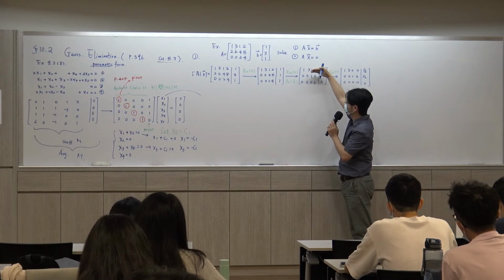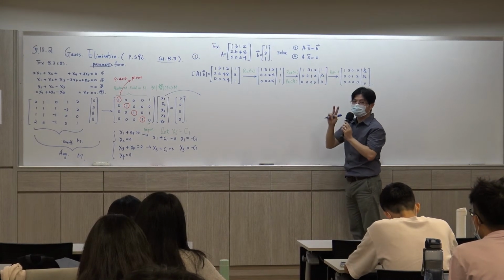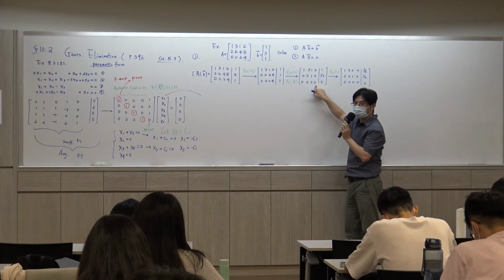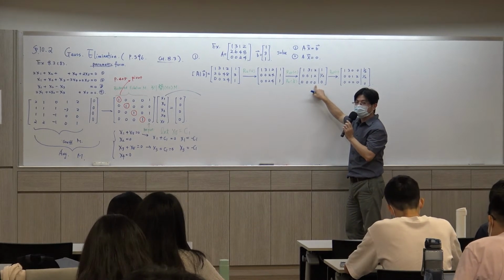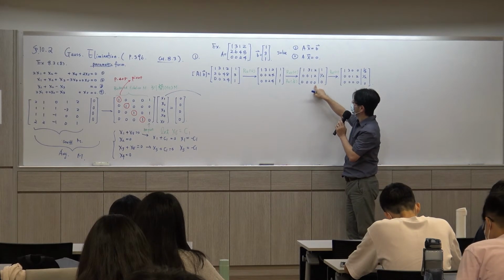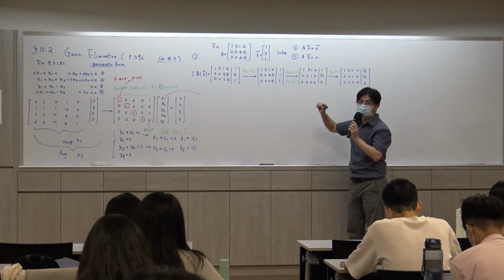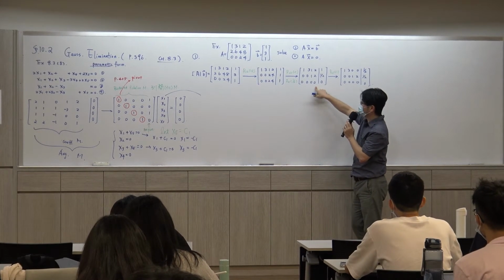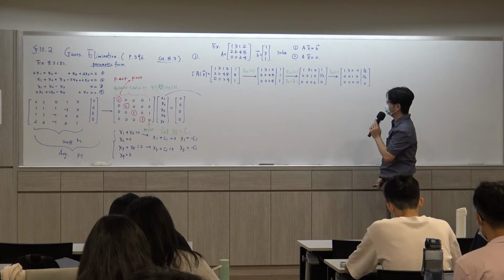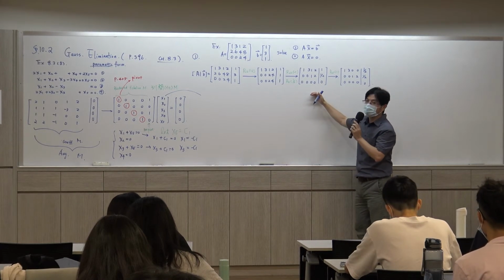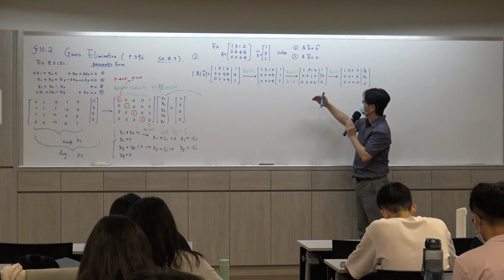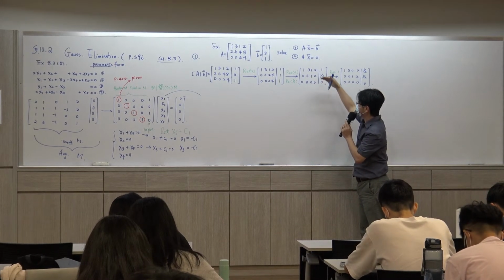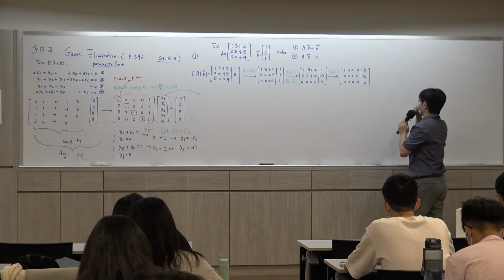In other words, we have 3 equations, but only 2 are meaningful because the third equation is linearly dependent on the other 2 equations. Can you get the point? Okay. I think the operation is very easy, but we just need to learn the meaning behind the operation.